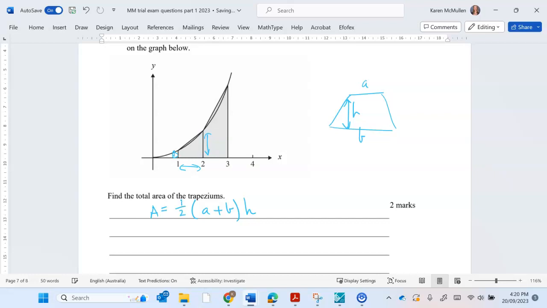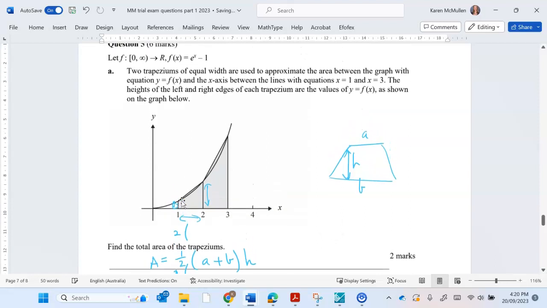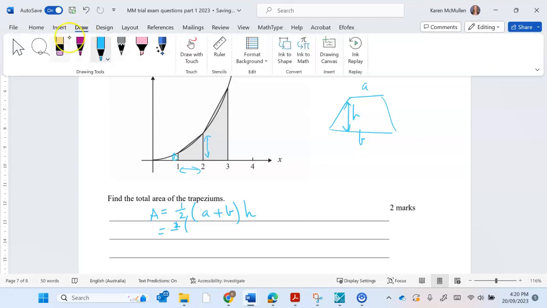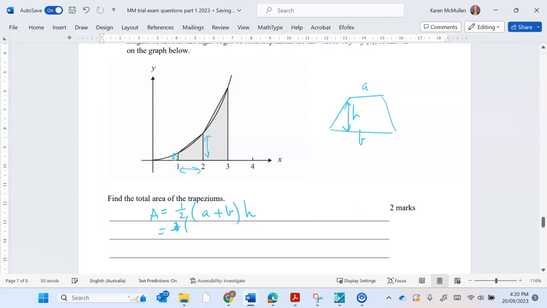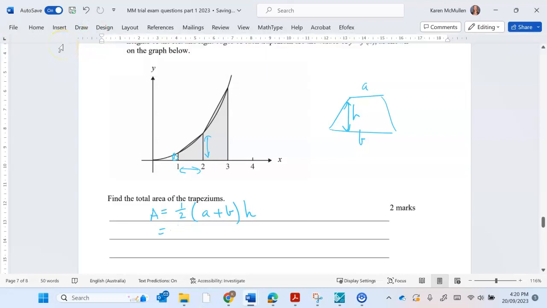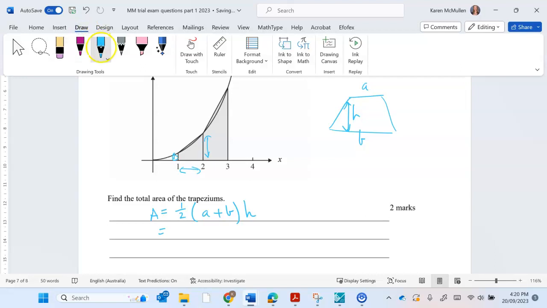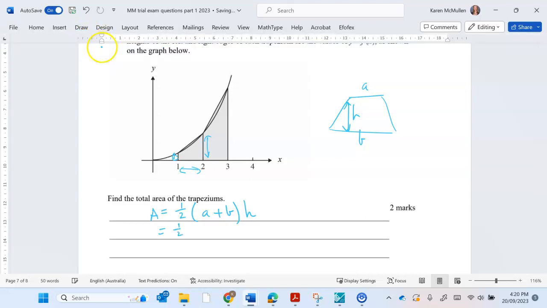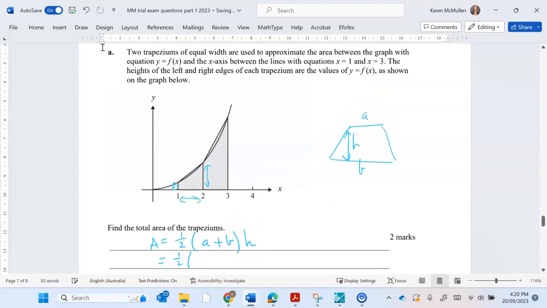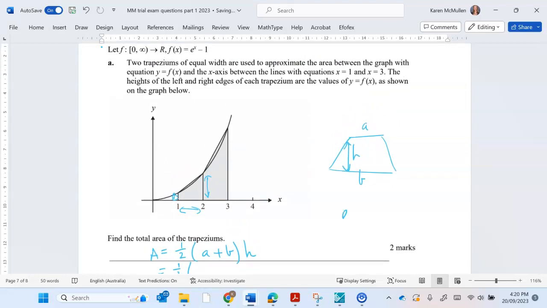So let's do the first trapezium. Half times, all we need to do is substitute that value of x in. I need that function again, so I'm just going to write it here.